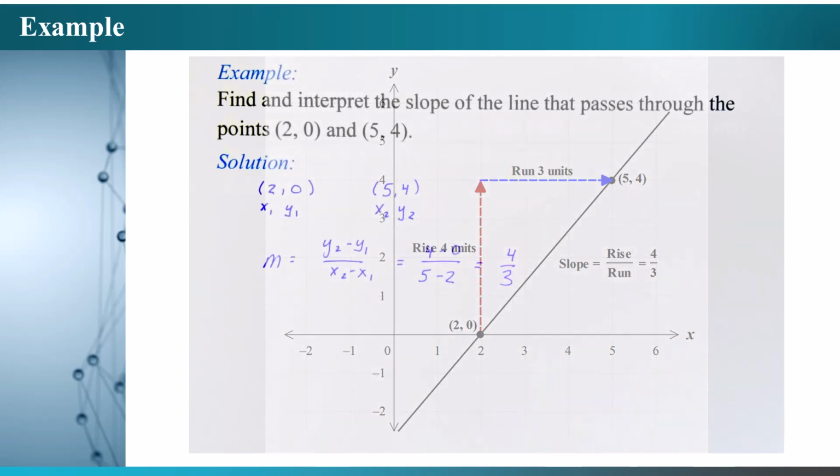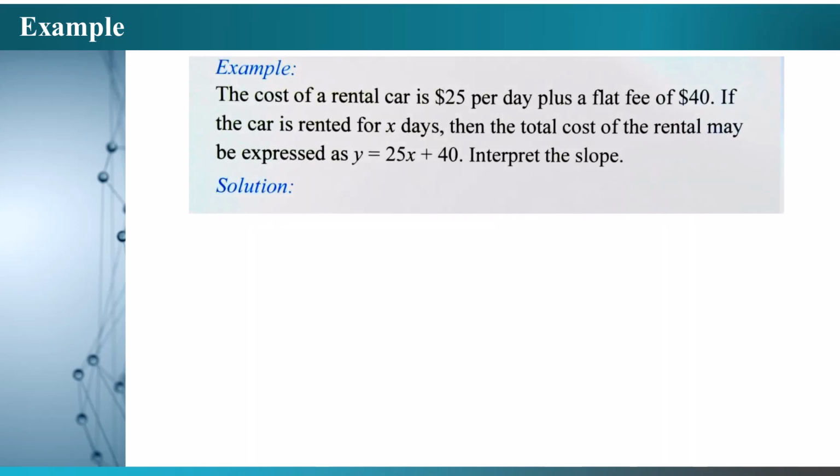Let's apply this idea of interpreting the slope to real-world contexts. The cost of a rental car is $25 per day, plus a flat rate of $40. If the car is rented for x days, then the total cost of the rental may be expressed as y equals 25x plus 40. We want to interpret the slope here. Well, we see we've got a linear function in the form y equals mx plus b. In this case, m is equal to 25.